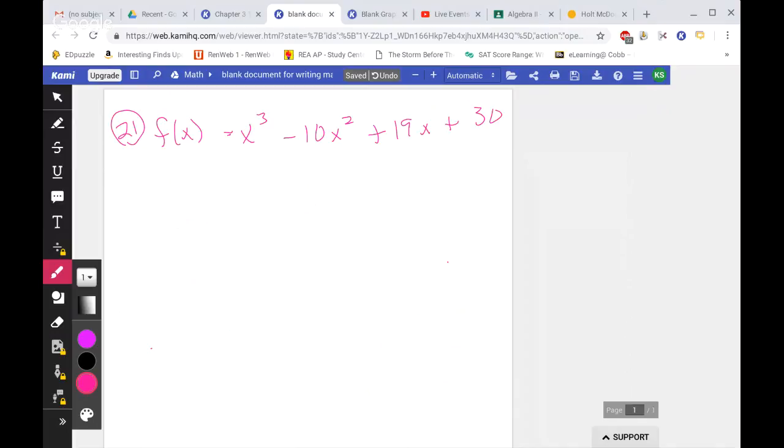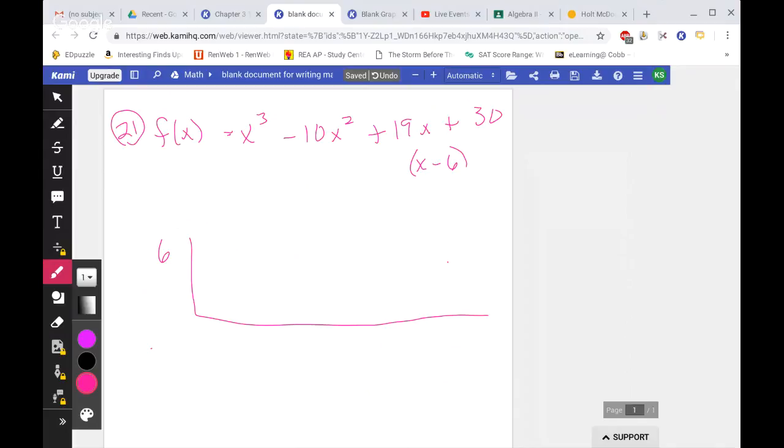And it says we're supposed to factor it completely, and it gives us one factor, x minus 6. So using synthetic division, I'm going to put my 6 over here and then set the rest of my problem up by taking each of the coefficients, making sure that I don't need any placeholders.